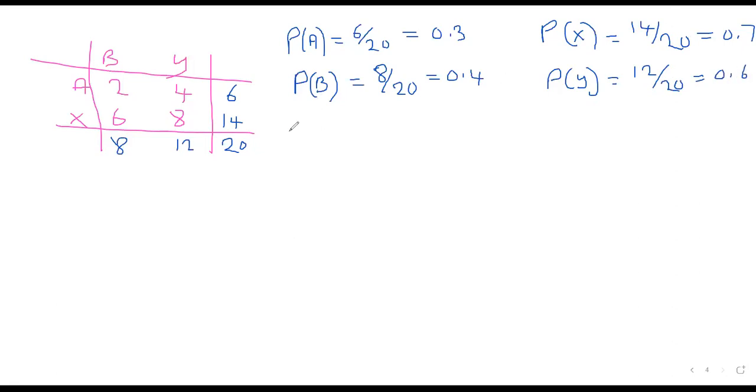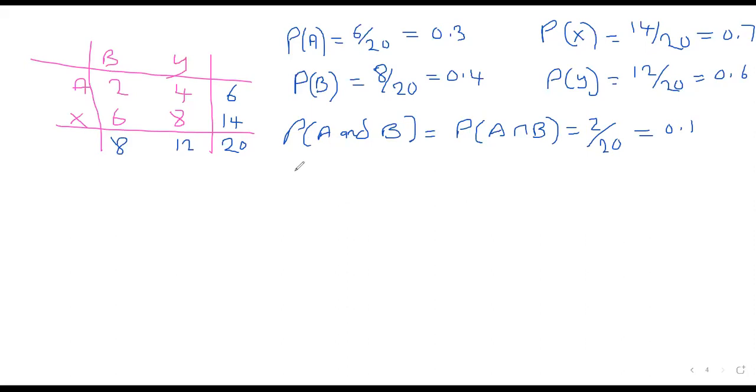So intersection, when I say A and B, and means intersection. Where do they meet, A and B? On 2. So you go to 2 over 20, which is 0.1.